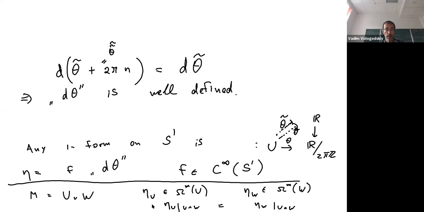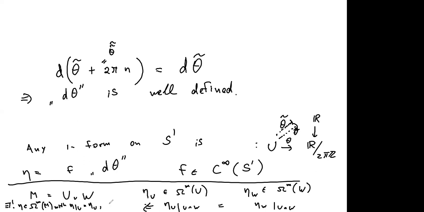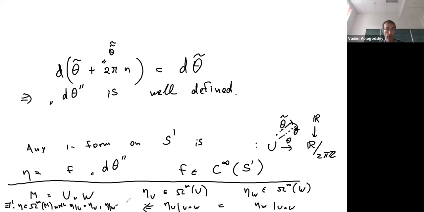Then there exists a unique form eta on M, with eta restricted to U equal to eta U, and eta restricted to W equal to eta W. Okay?